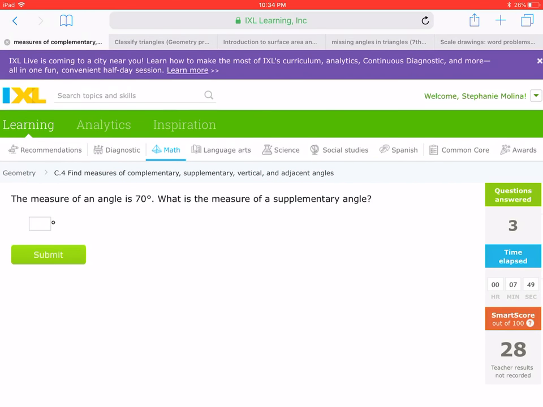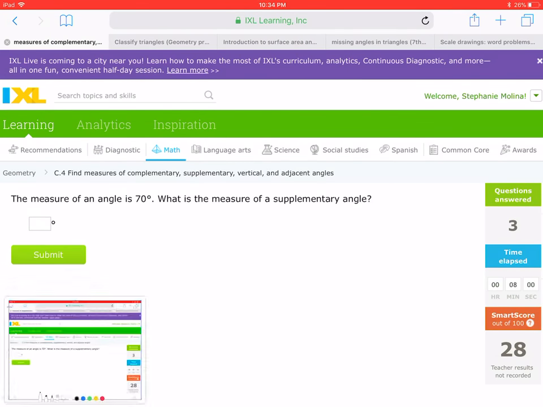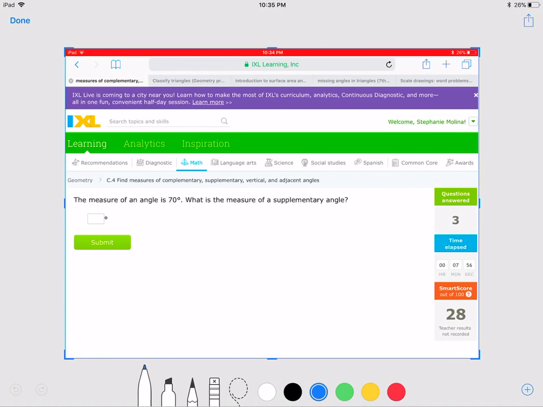All right. Now it says the measure of an angle is 70 degrees. What is the measure of a supplementary angle? Now it's getting specific. Remember, supplementary angles are angles that add up to equal 180. And they give you one piece of information, 70. We're trying to find what x is.